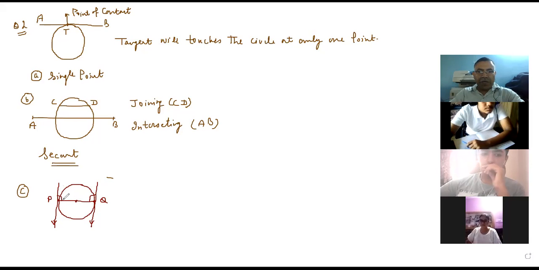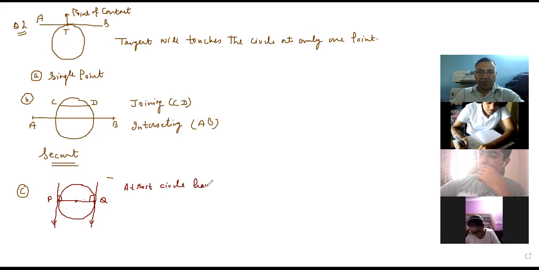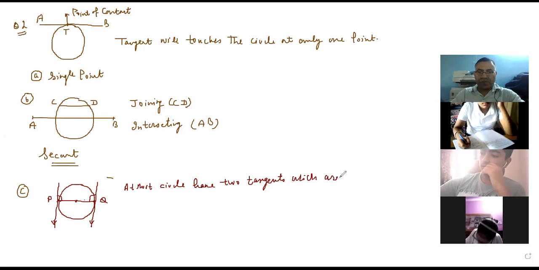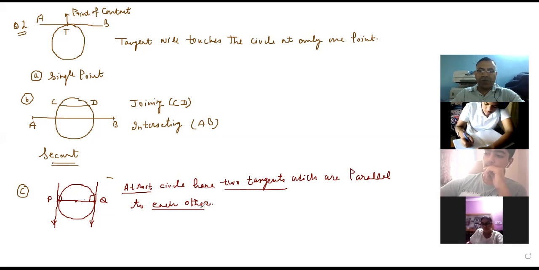So that means there will be only two lines which pass through two different points and have a sum of 180 degrees. So at the most, it has two tangents which are parallel to each other.